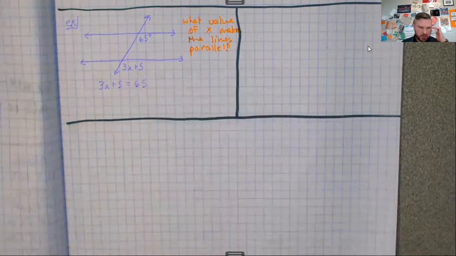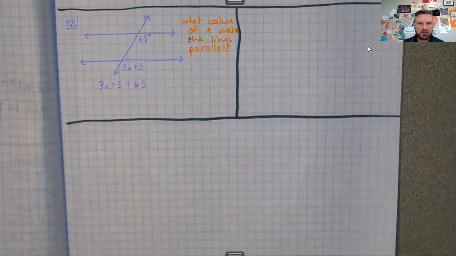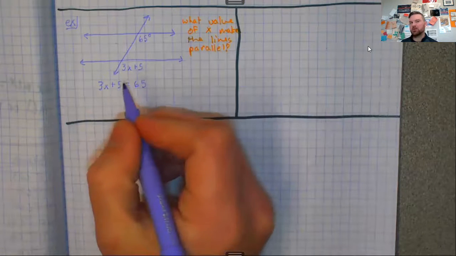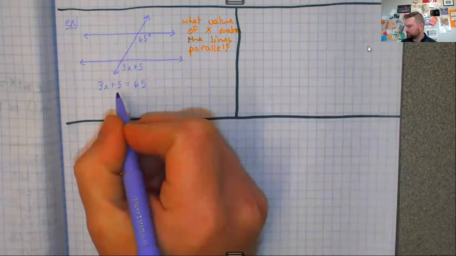And you might be thinking, well, we've already kind of done this stuff, but we did it in the other order. I said that the lines were parallel, then we had to figure out what the angles are. Now we know the angles are congruent, and we're trying to figure out what would make the lines parallel. So we're finding an x value. So it's very similar, just in a different order.